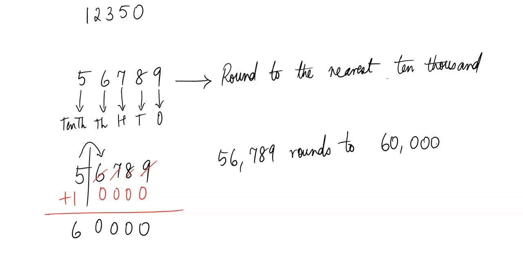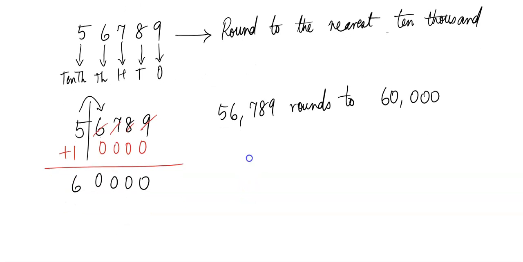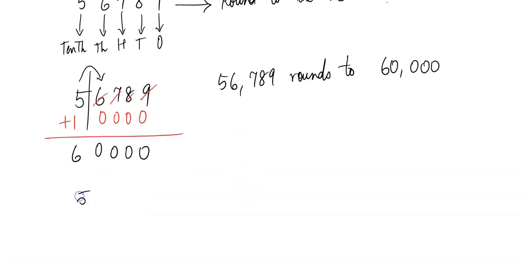Now if there is no change, I'll give you a quick change of numbers. 5, 3, 7, 8, 9, and if we are asked to round to the nearest 10,000, you will do the same thing, but because the 3 is below 5, there will be no change.